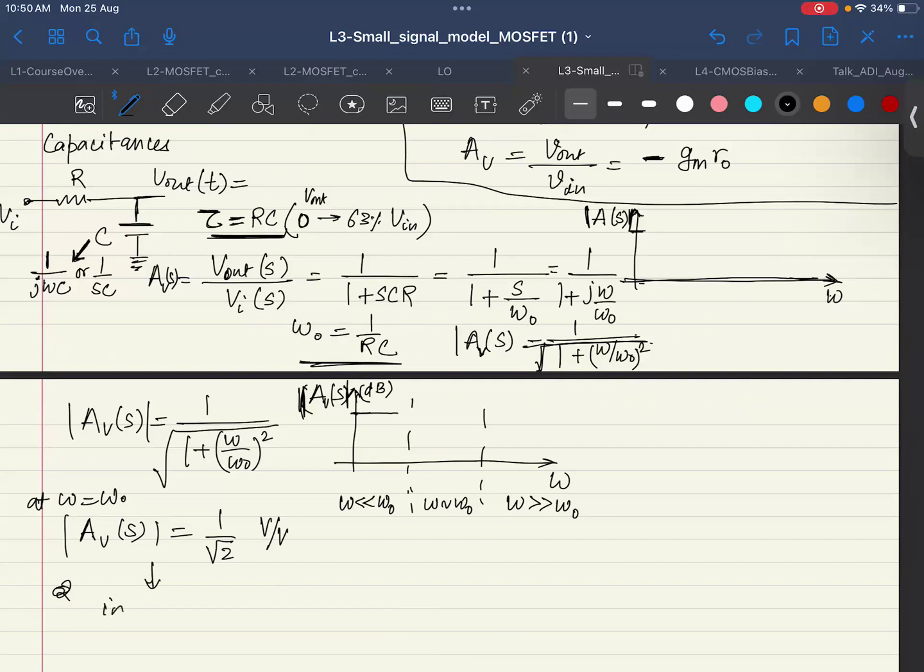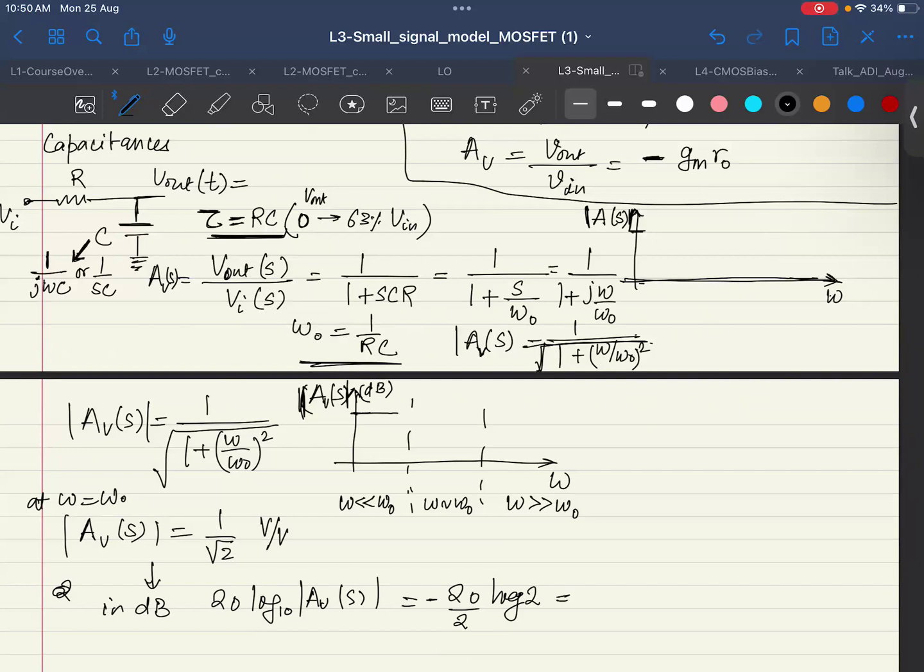In dB, this term is simply 20 log 10 of AVS. So then it would be 20 and a minus sign obviously, and this would be root 2, so log 10 of 1 by root 2, which is minus half of log 2.